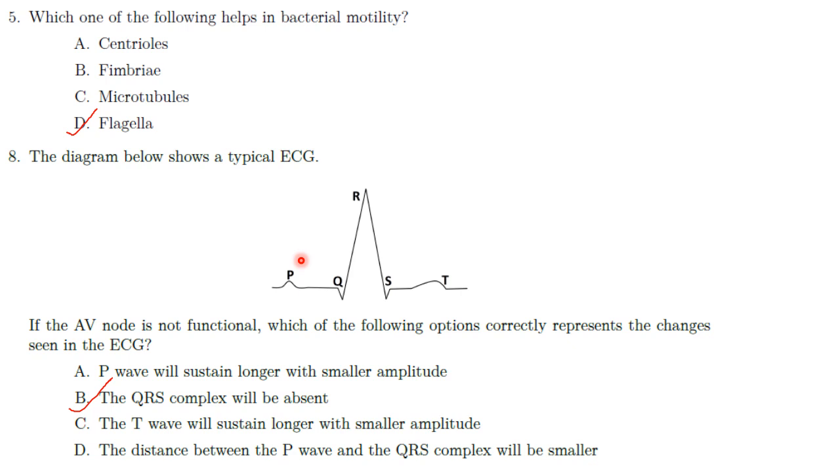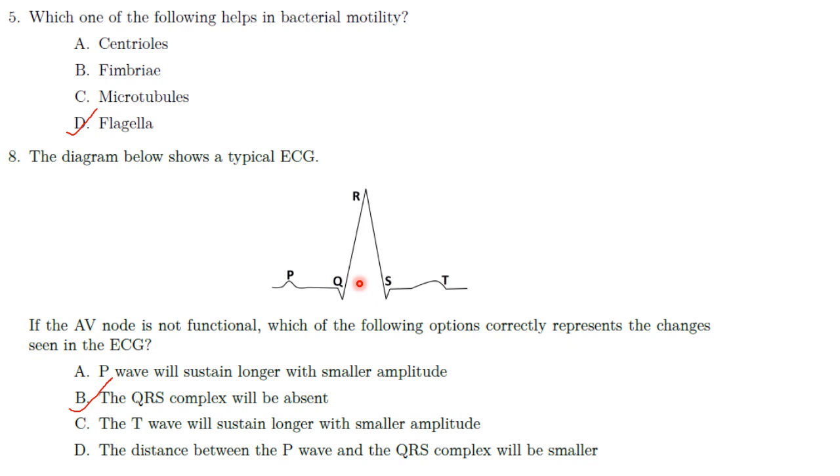Then the QRS complex, this peak, corresponds to the electrical impulse as it spreads through the ventricles and indicates ventricular depolarization or ventricular contraction. Then next comes the T wave, and the T wave follows the QRS complex and indicates ventricular repolarization. That is what the T wave represents.